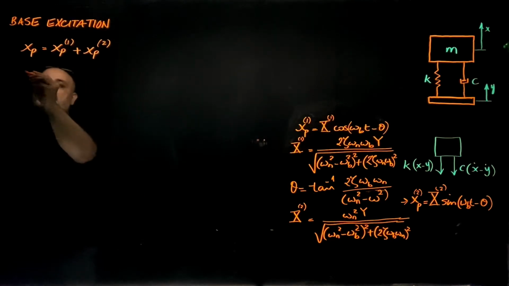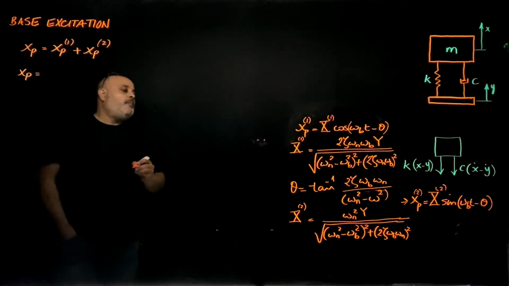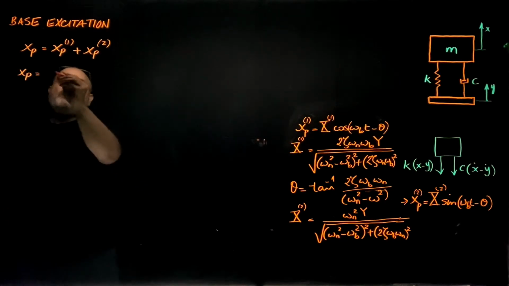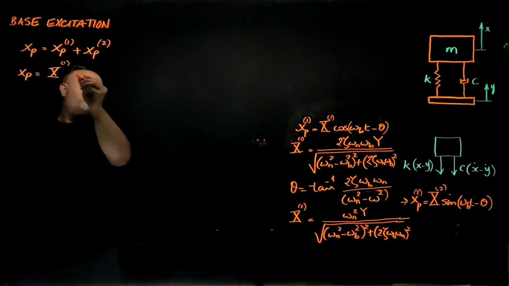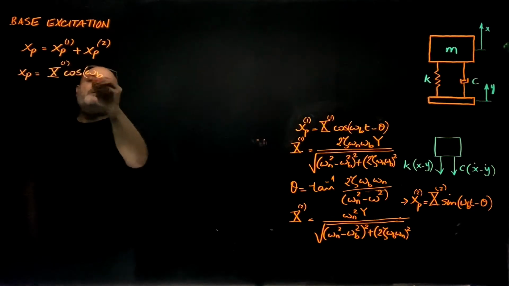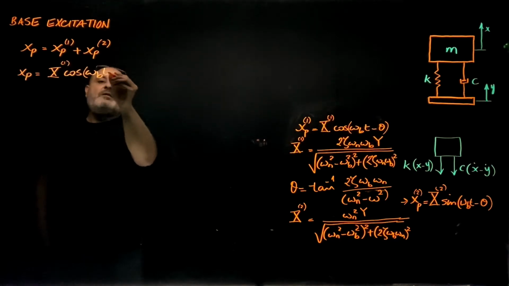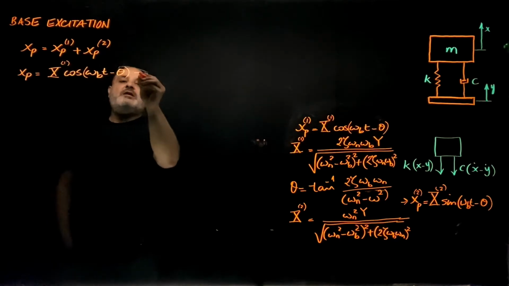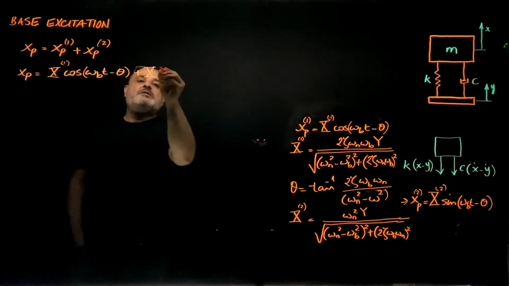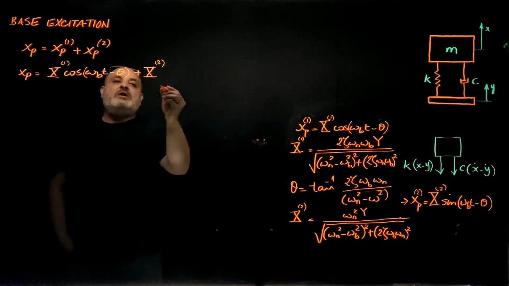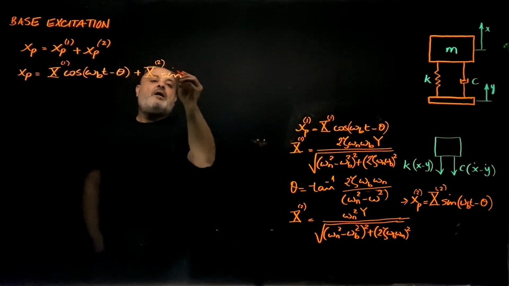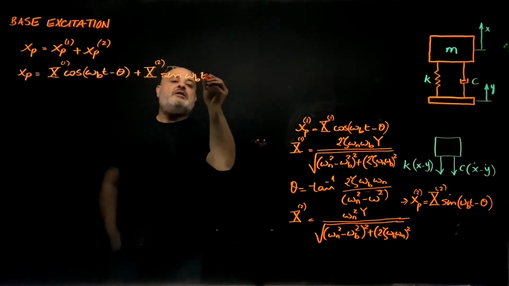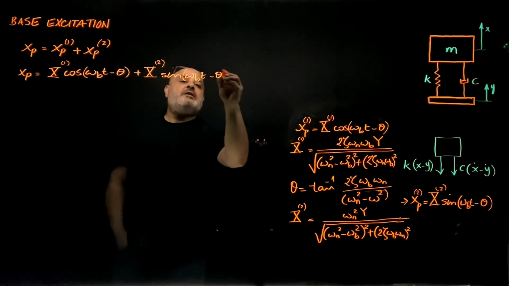That would be x1 cosine omega b t minus theta plus x2 sine omega b t minus theta.